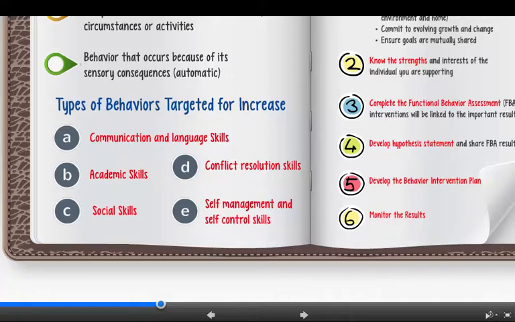Now, when I say communication, you will be working with a wide range of individuals. There'll be folks that you work with that may be nonverbal, so therefore their communication may take the form of picture-based communication, or they may be using the Picture Exchange Communication System, also referred to as PECS.